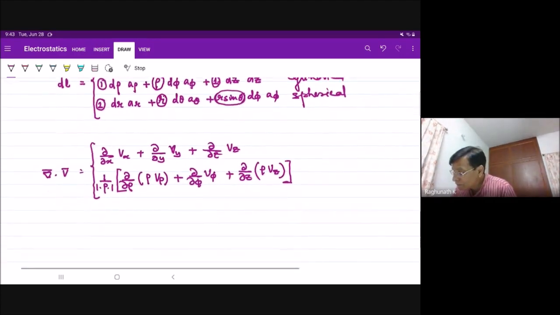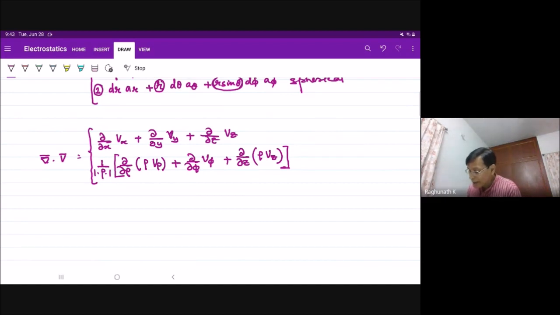Followed by, in spherical coordinate system. Please keep interacting.